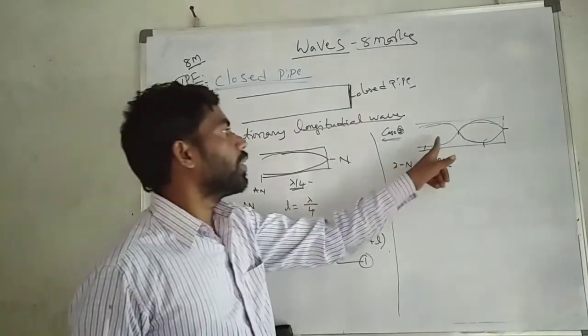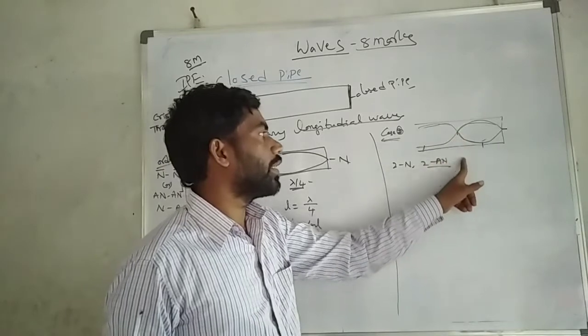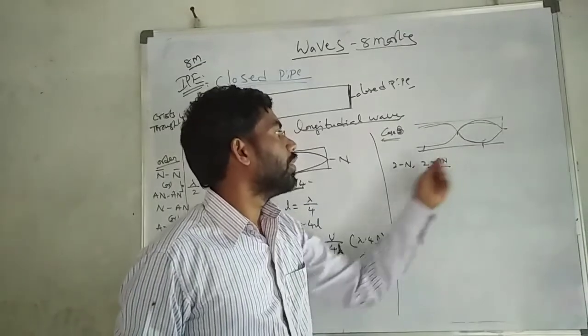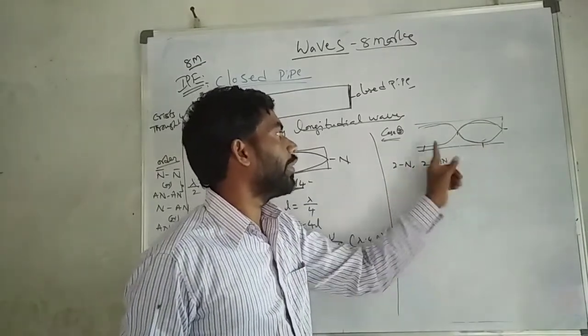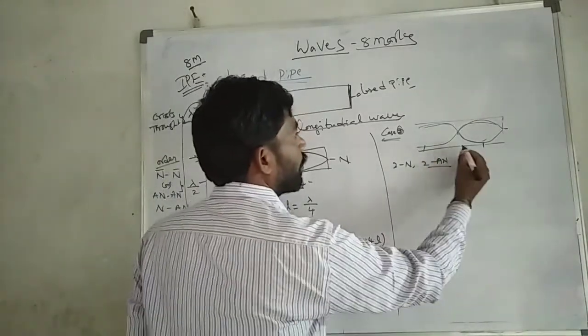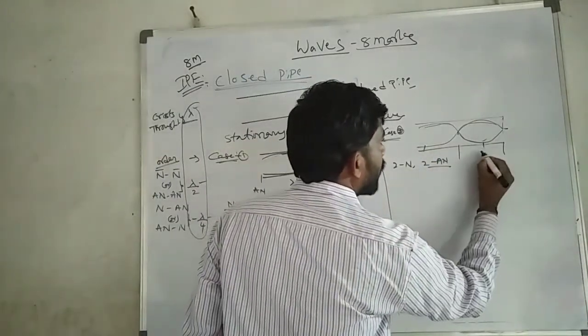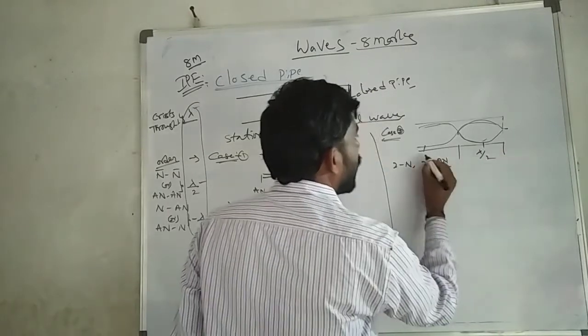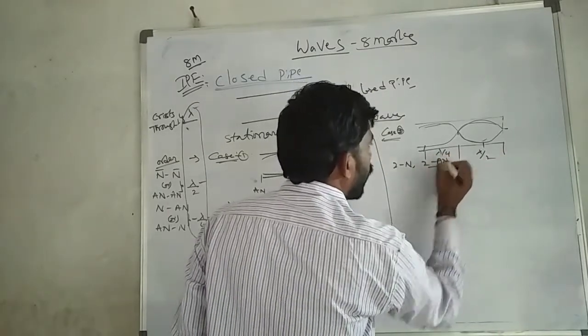The wavelength: up to this one is lambda by 2 and this one is lambda by 4.